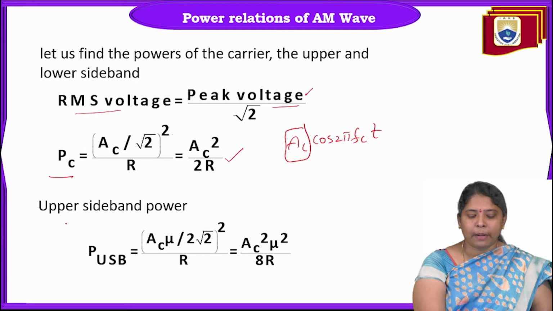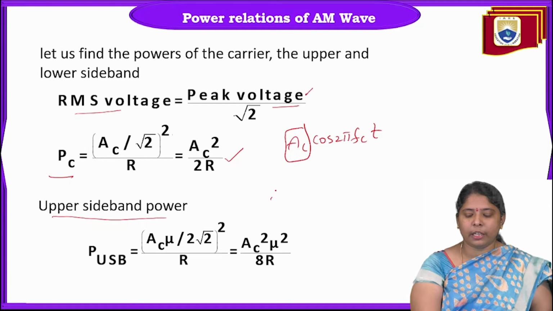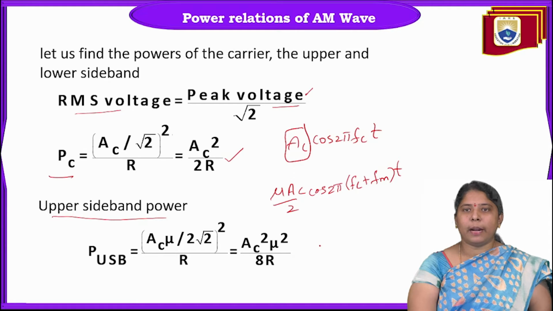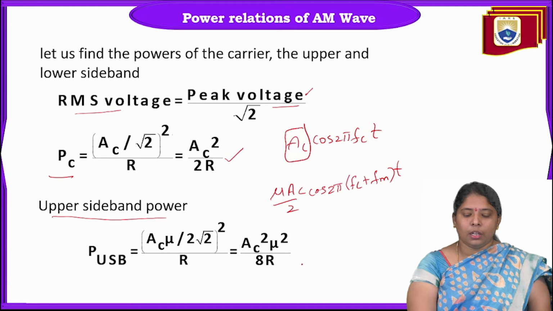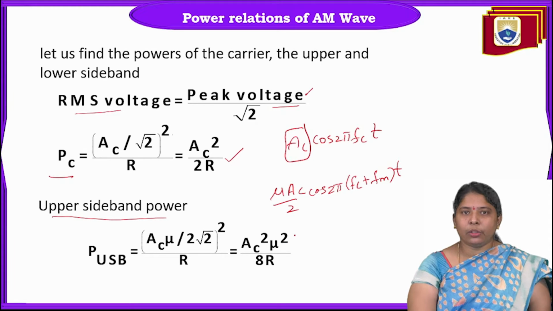And the upper sideband power. What is the upper sideband term? Mu AC by 2 cos 2 pi into (FC plus FM) into t. This is the upper sideband term in the time domain. Power calculations are done in the time domain only, so we need to consider the time domain equation in the calculation of power.